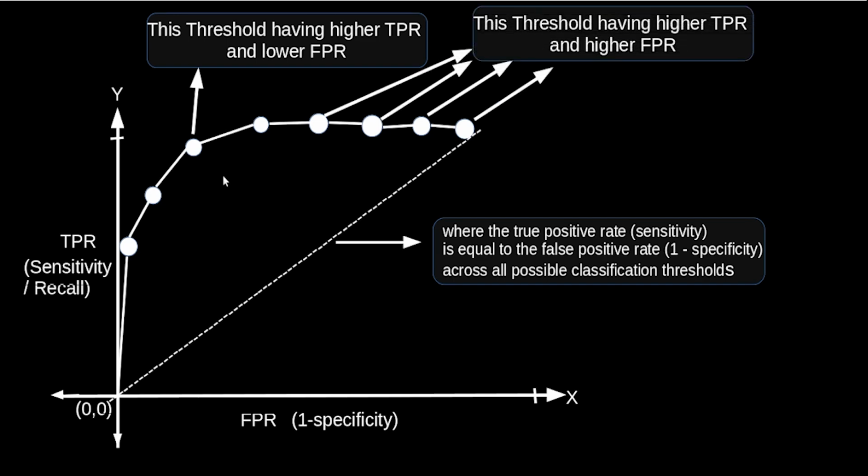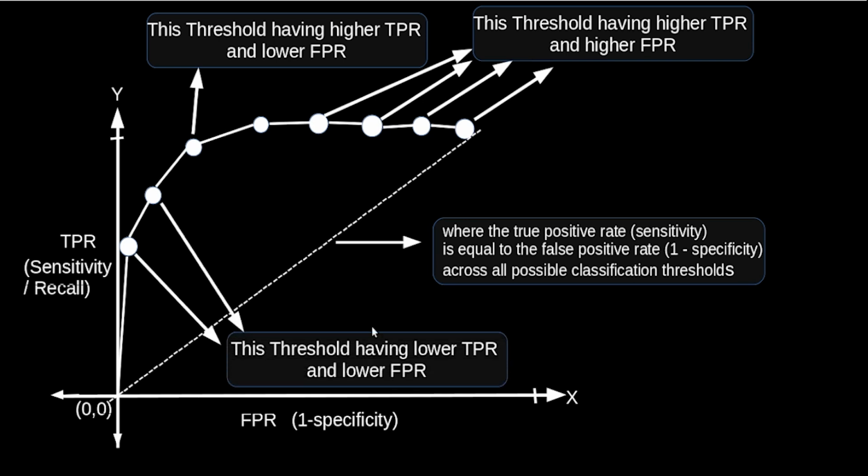These are the thresholds where we have higher true positive rate and higher false positive rate. If our problem statement prioritizes maximizing the true positive rate and we can tolerate any number of false positives, in that case we should select any one of these four thresholds.